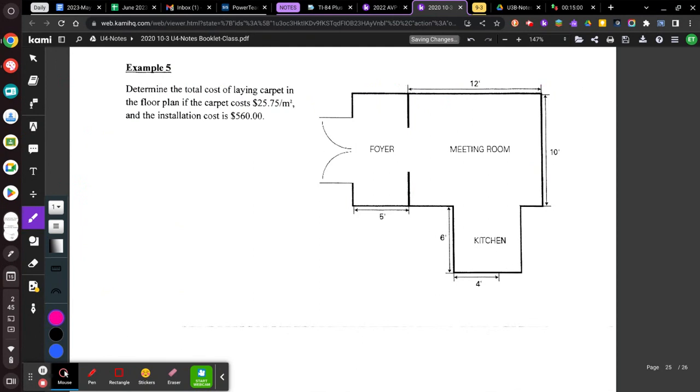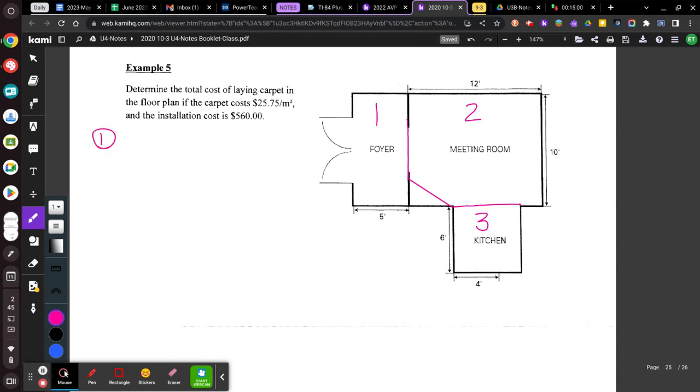All right. So first of all, we need to find the area of all 3 objects. So we break it into 3 objects. So here's my 3 objects. I've got 1, 2, and 3. And now I need to find the area of all 3. So area of number 1, again, it'll be length times width.